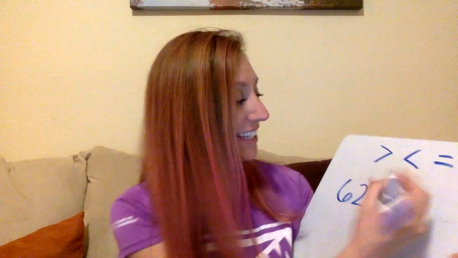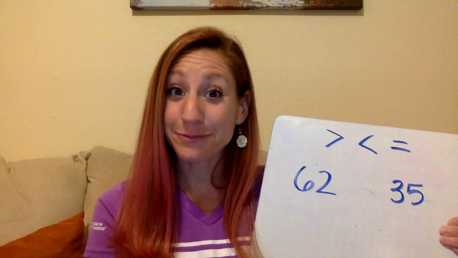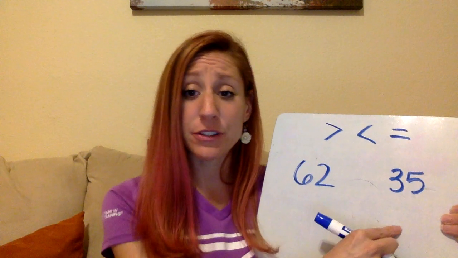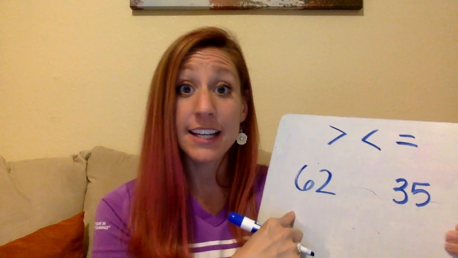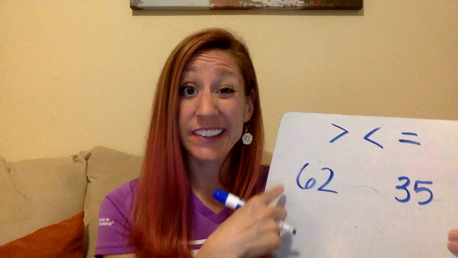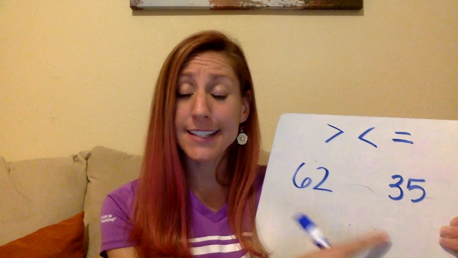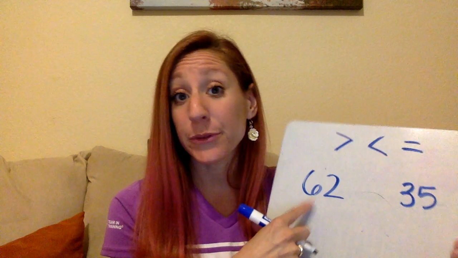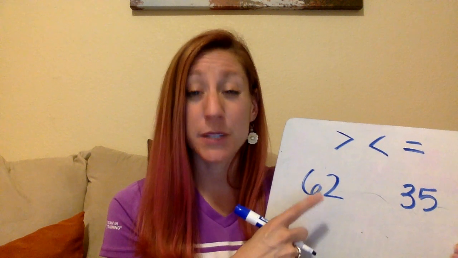So I'm going to put some numbers here. I'm going to start with our number of the day, 62, and I'm going to put 35. So here, 62 and 35, I can compare their tens to start with. 6 tens, 3 tens. I already know this one's going to be bigger because it has more tens.